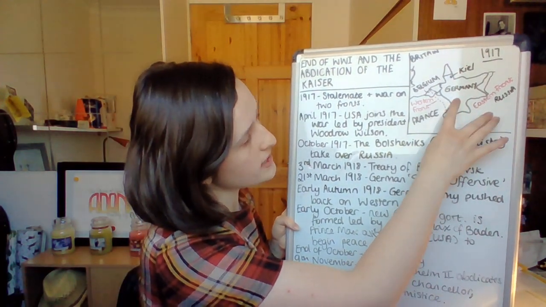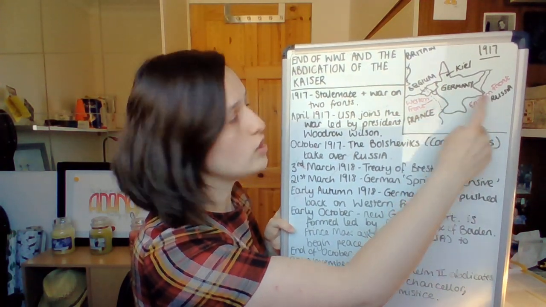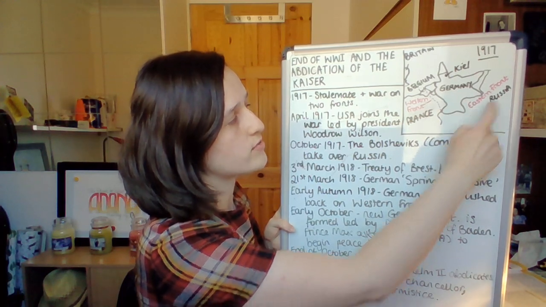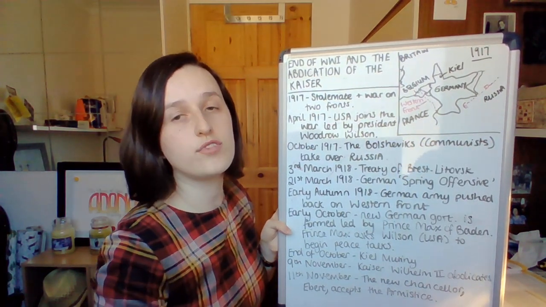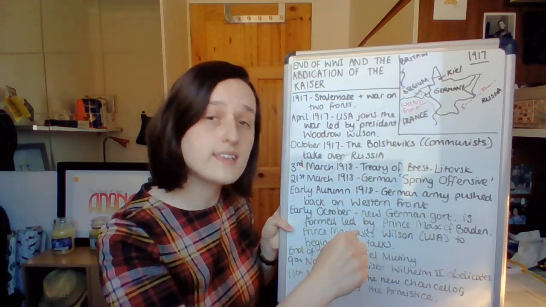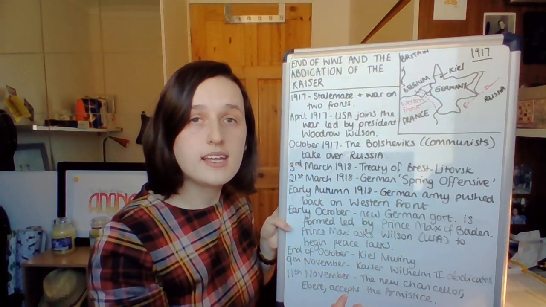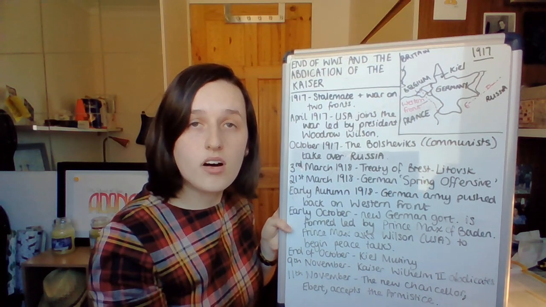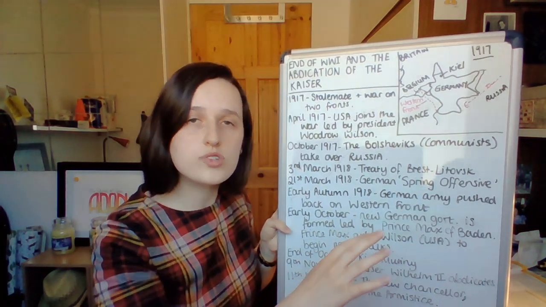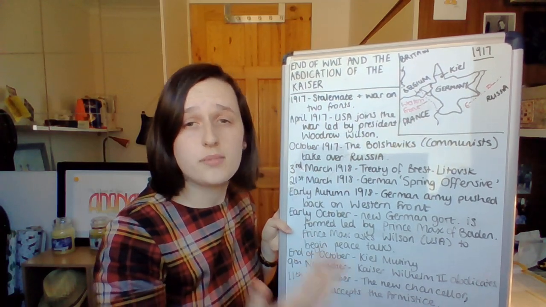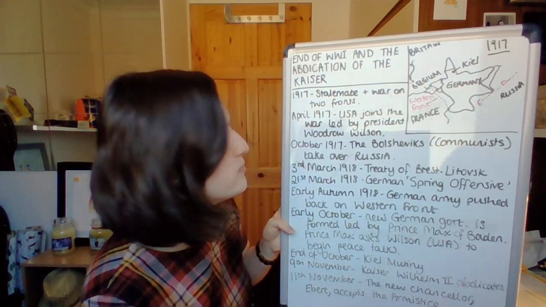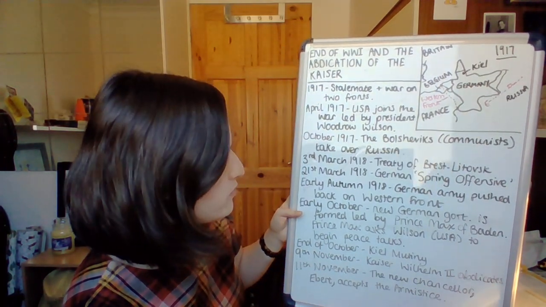So this means that where Germany had been fighting on two fronts, on the Western Front and the Eastern Front, they now are not fighting Russia on the Eastern Front. They're only fighting on one side, which is good for Germany because it means they don't need to split their army anymore. They can send more resources, more troops to fight against France and Britain, who are stronger, better organised than Russia was anyway. So they need more help against them.